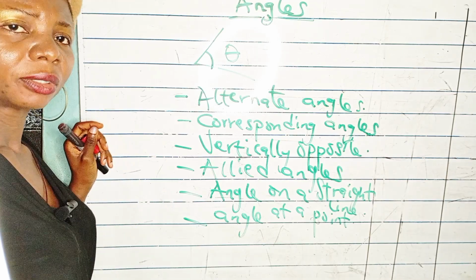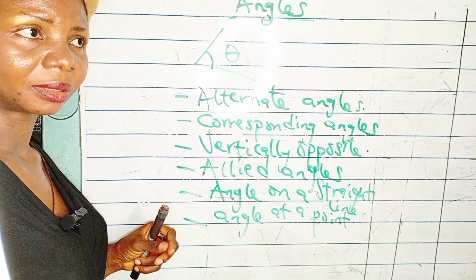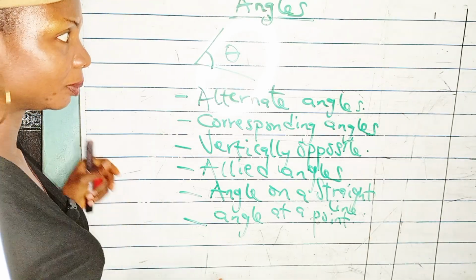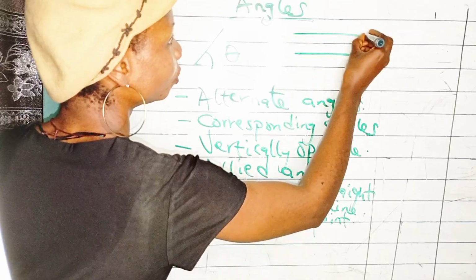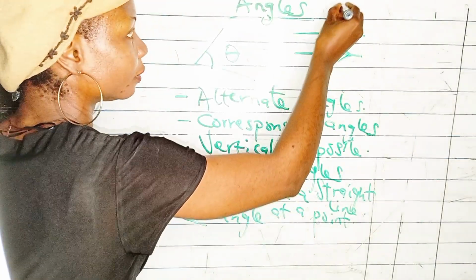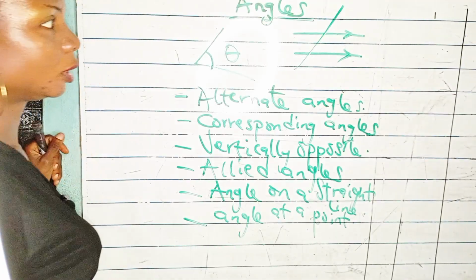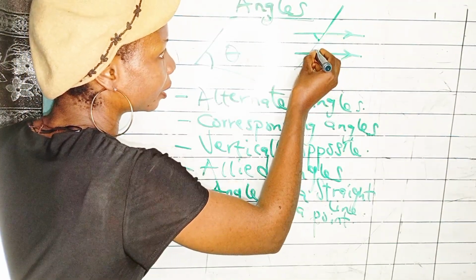When we're talking about alternate angles, they are called Z angles. When you have two parallel lines and a transversal across them like this, you are going to have an alternate angle here and another one here.